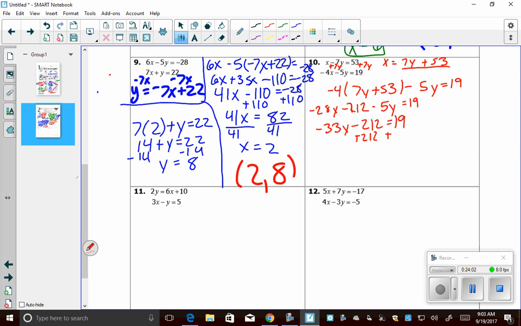Add 212 to both sides and you get negative 33y is equal to 231. Divide by negative 33 and you get y is equal to negative 7.